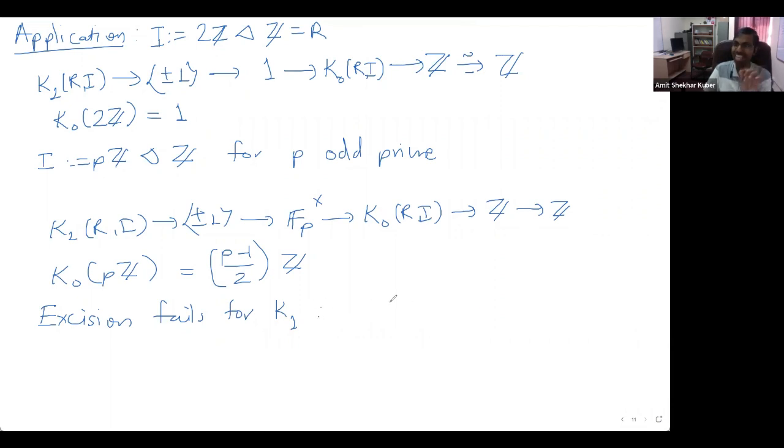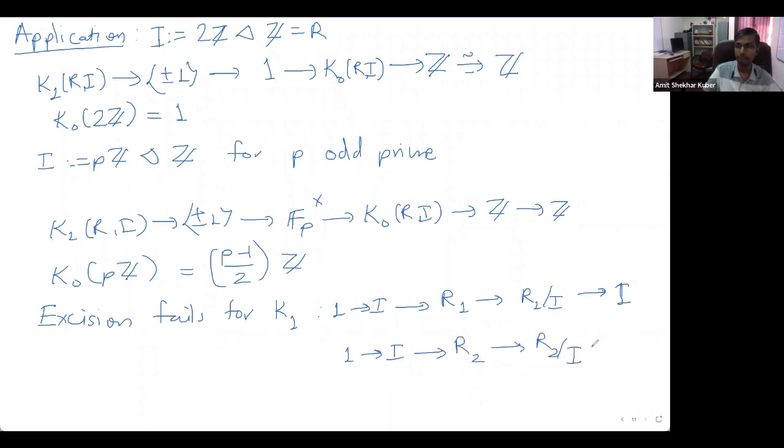Well, for the same ideal, we can construct two examples of rings R1, I and R2, I, and R2 mod I, and these are the same.